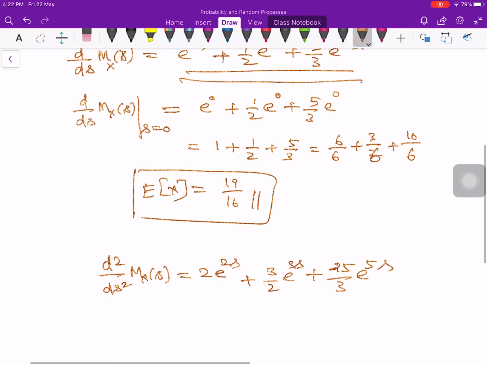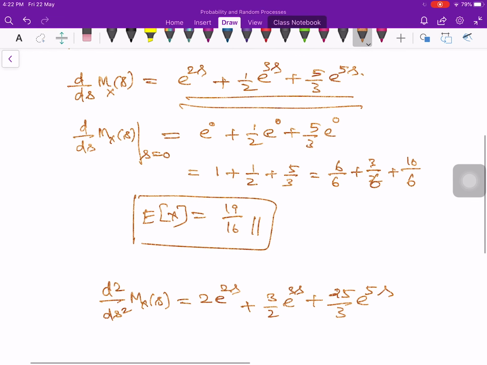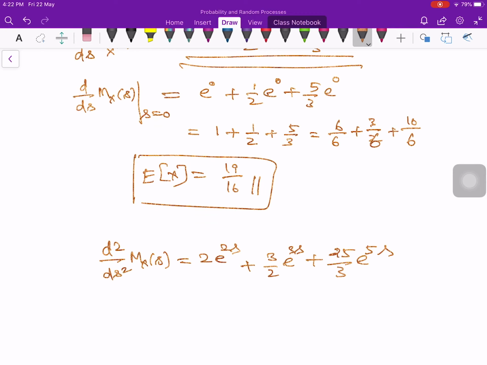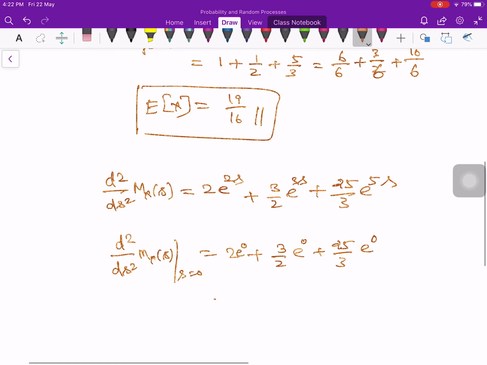So now substitute s equal to 0. Then 2 plus 3/2 times e power 0 plus 25/3 times e to the 0.